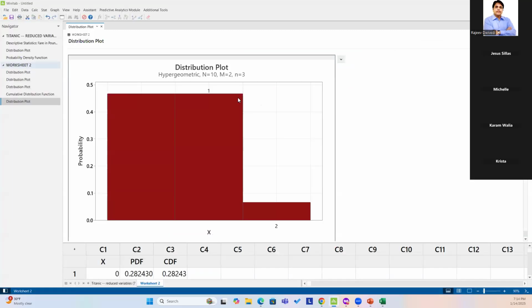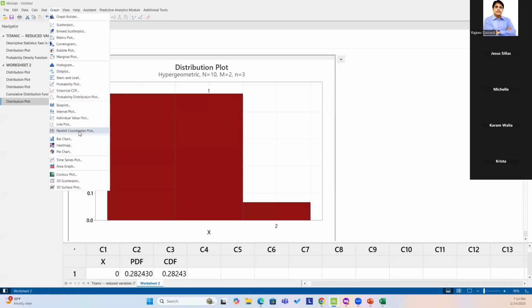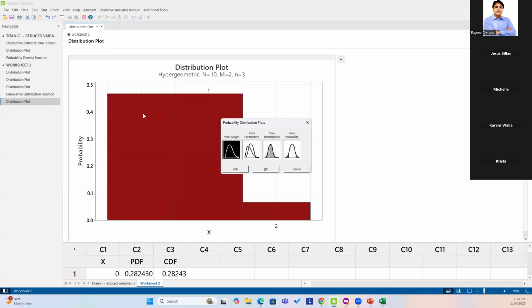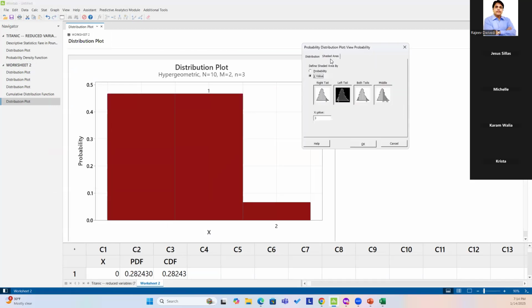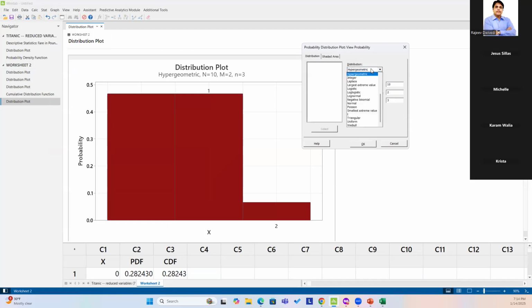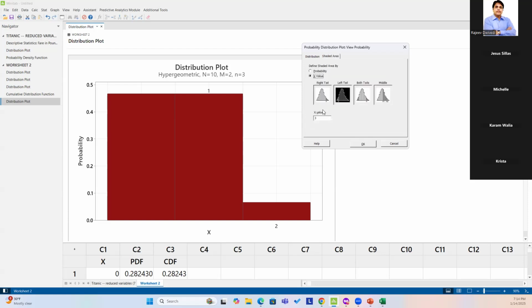So here we go, graph probability, shaded area, and check geometric. Okay, event probability is 15%. Now shaded area, and we are looking at the seventh person.